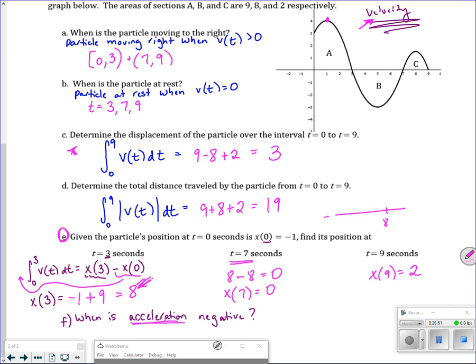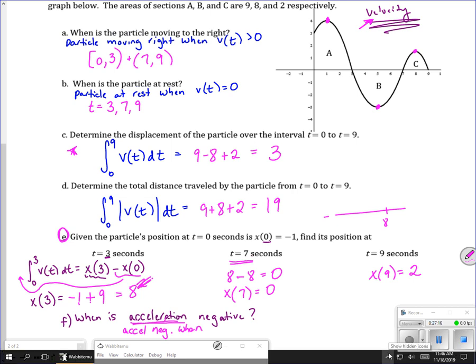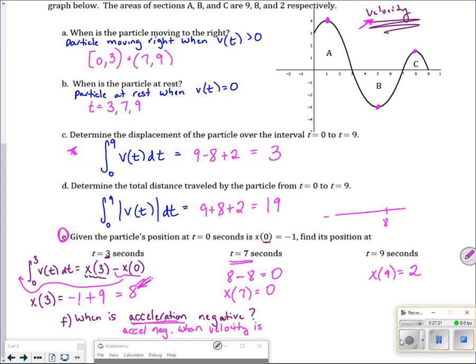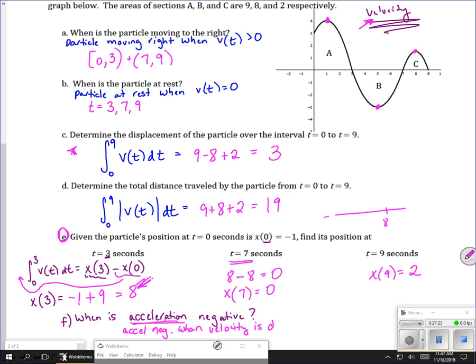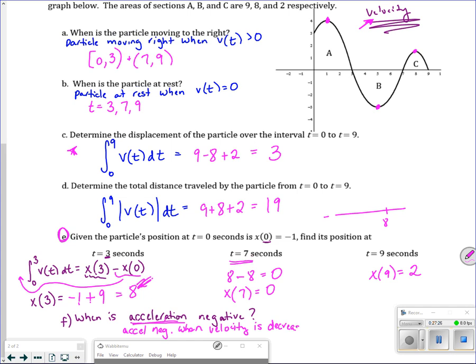Now, assuming it didn't say this, but let's just say that that's at 1, 5, and 8. So when would the acceleration be negative? What's your justification? Acceleration is negative when the velocity is decreasing.